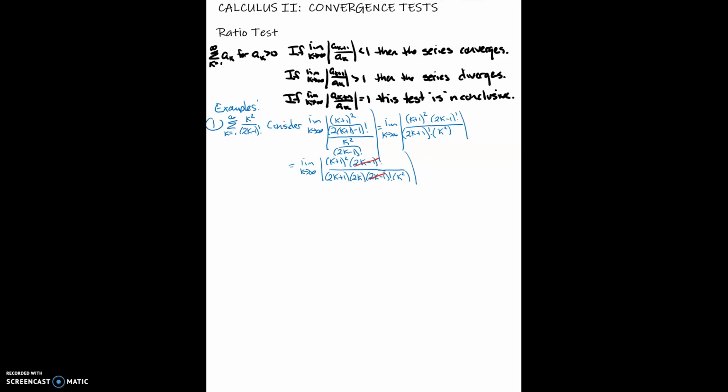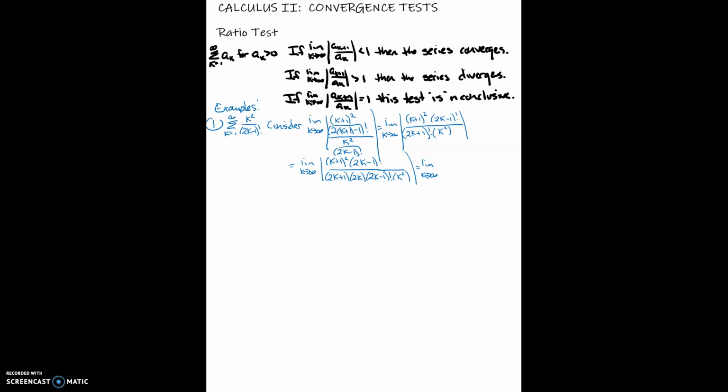Along with reducing those, I'm also going to expand the binomial in the numerator, and I'll take the 2k and the k squared and distribute those into that binomial in the denominator. So we have the limit as k goes to infinity.